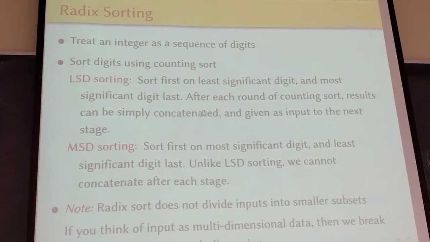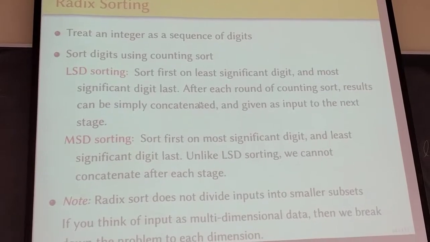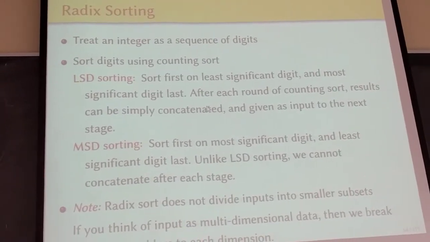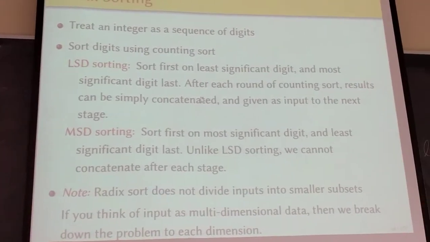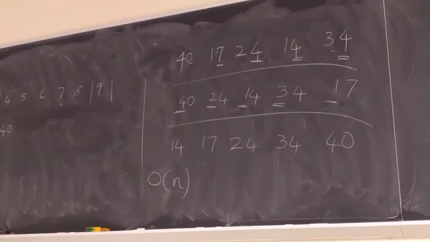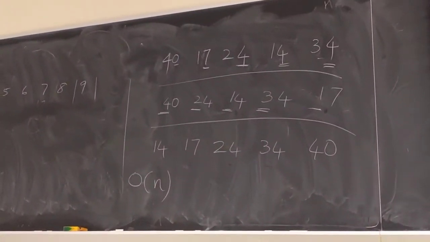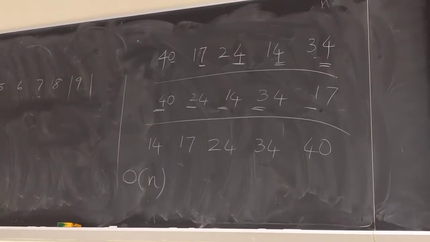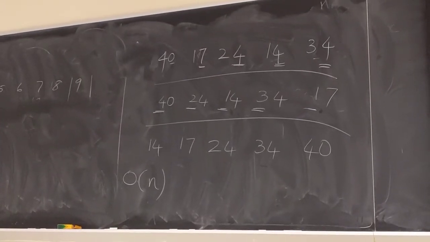Okay. So before we do that, let's make sure that we understand that this is essentially a linear time algorithm, right? Because if you assume that the number of digits is fixed, it's not variable.